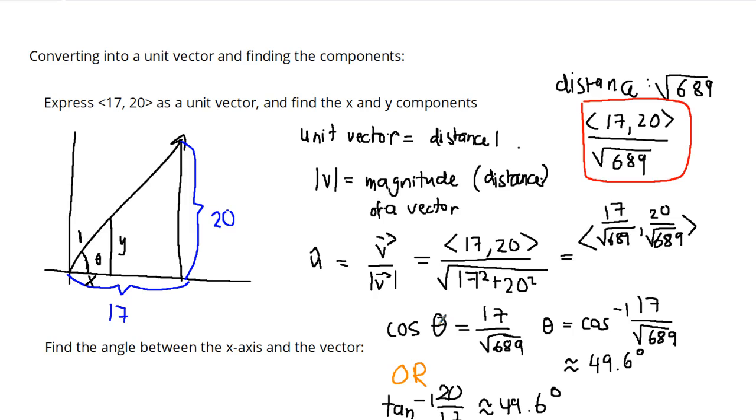So cosine theta is x over 1, which is 17 over square root of 689 over 1. So to find theta, you just take the cosine inverse of 17 over square root of 689. You get 49.6 degrees. Or you can also do tan inverse of 20 over 17, and that will also get you your 49.6 degrees.